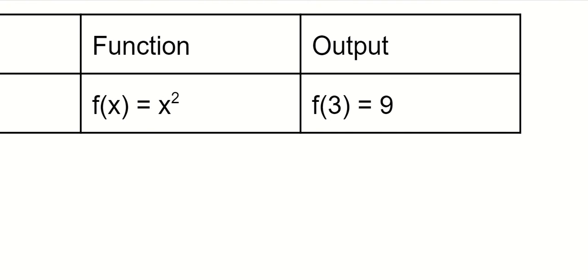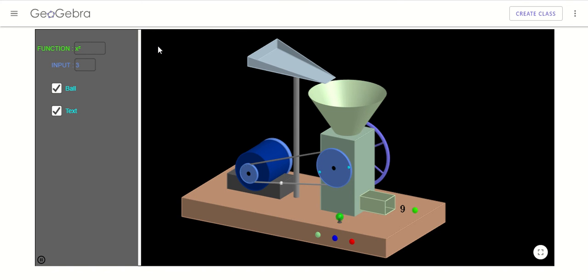So let's go back to our online function machine tool, and let's play around with this a little bit more. So let's say I want to change my program. Instead of taking a number and squaring it, what if I wanted to take a number, multiply it by 3, and then subtract 1?